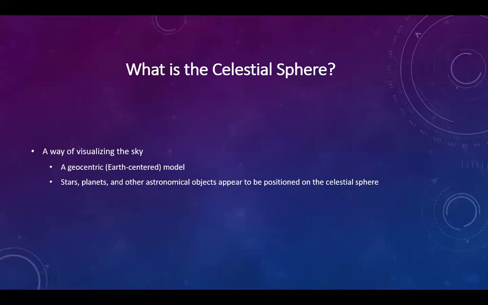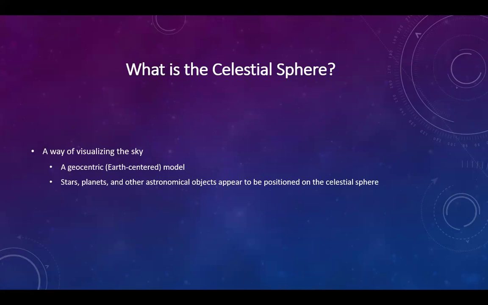It's a geocentric, Earth-centered model where if you look up at the sky from Earth, stars, planets, and other astronomical objects appear to be positioned on a sphere. It's as if we're in the middle of a big ball, and we can look up and see these objects.